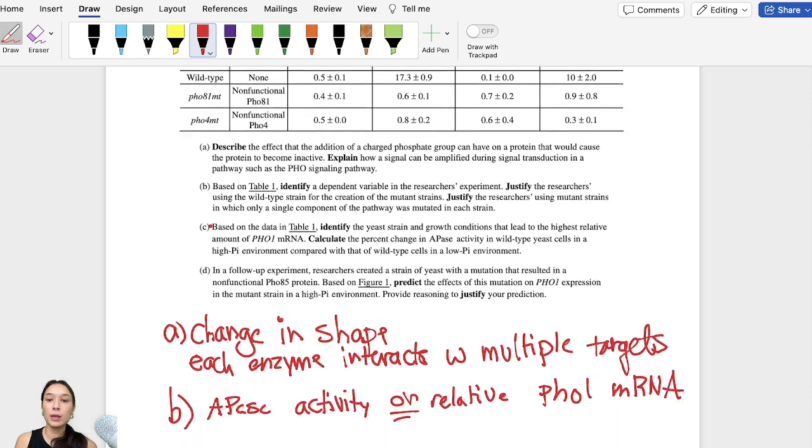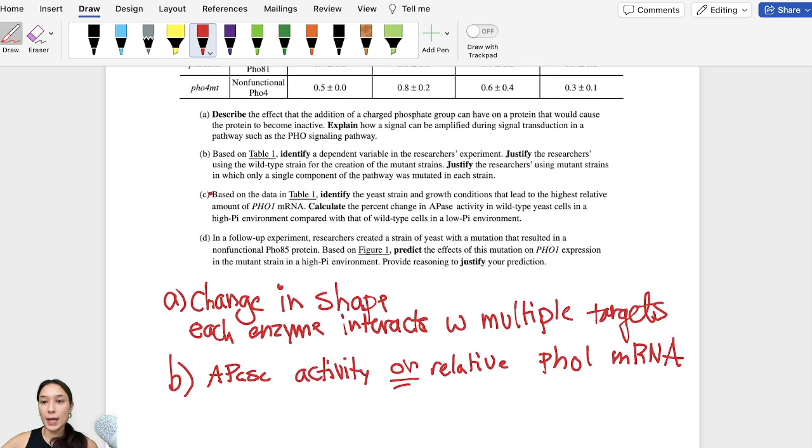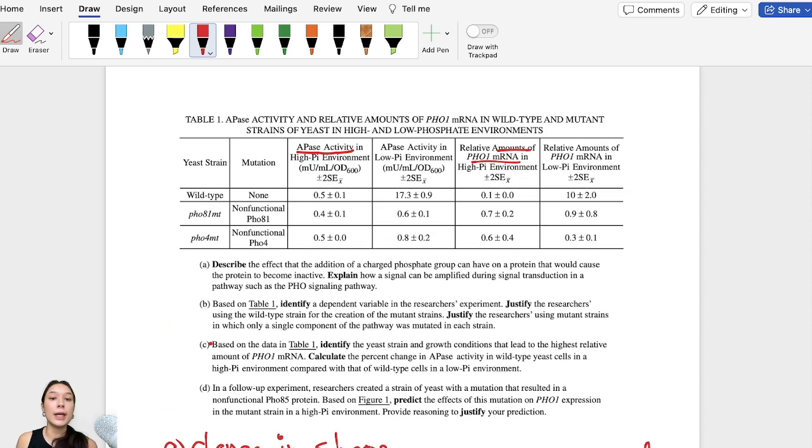Okay. So the second part of this says, justify the researchers using the wild type strain for the creation of mutant strains. This is a very common question that they'll give you as to, we're interested in what happens when you have a non-functional faux 81 and non-functional faux 4. So it makes sense why we have these strains here. They're going to ask you, why do we also have this wild type strain?